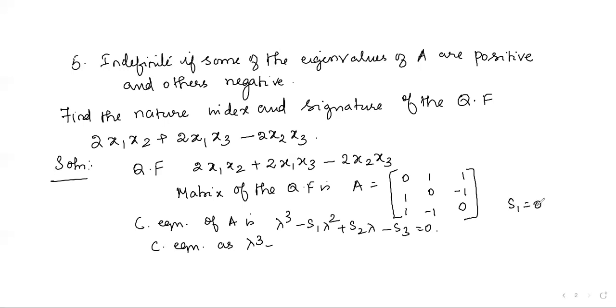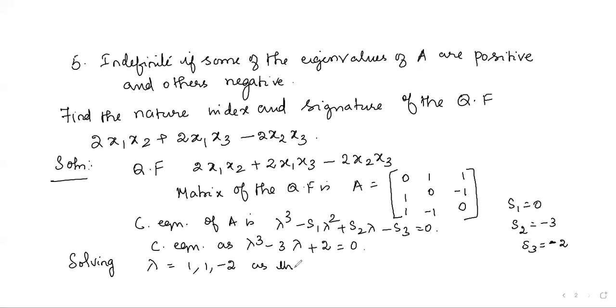S2 is equal to minus 3. S3 is the determinant value, which is equal to minus 2. Therefore the equation becomes lambda cube minus 3 lambda plus 2 is equal to 0. Solving the characteristic equation, we get lambda is equal to 1, 1, minus 2 as the eigenvalues.